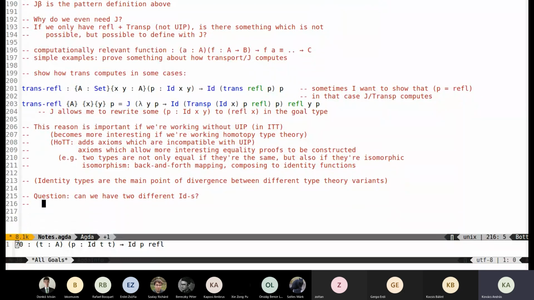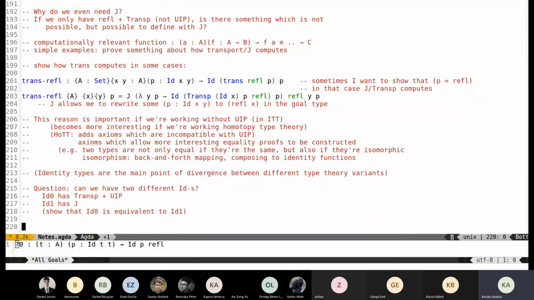So if I say that ID0 has transport and UIP, and ID1 has J but no UIP, then we can show that ID0 is equivalent to ID1, and thereby UIP basically transfers to ID1 as well.